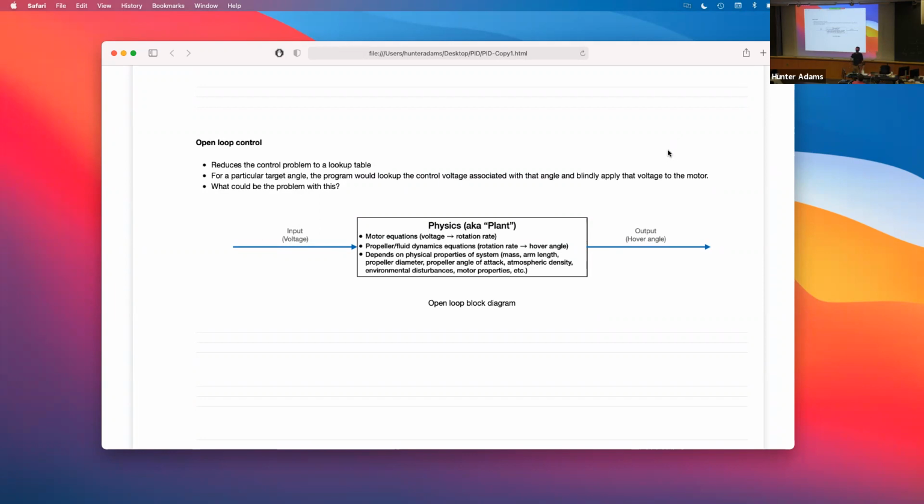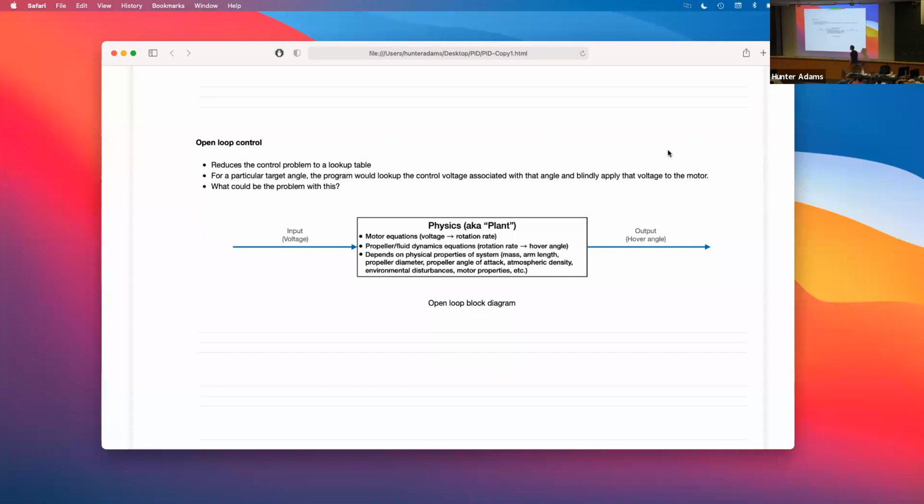If we apply 0 volts to the motor, 0% duty cycle, it hangs straight down. If we apply 50%, what's the angle associated with that? And then how does it map in between? And we would generate something like a lookup table where if the user says go to 90 degrees, because we've calibrated our system, we can look up the voltage associated with 90 degrees and send the motor to that angle.